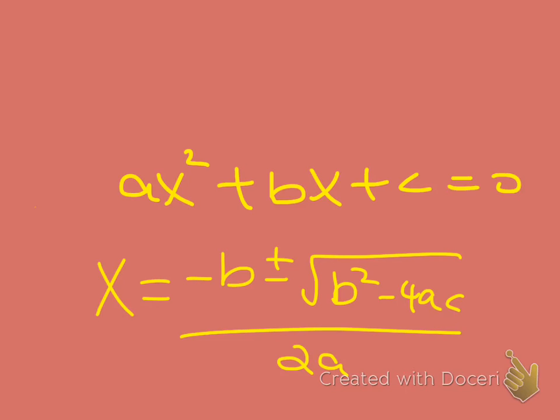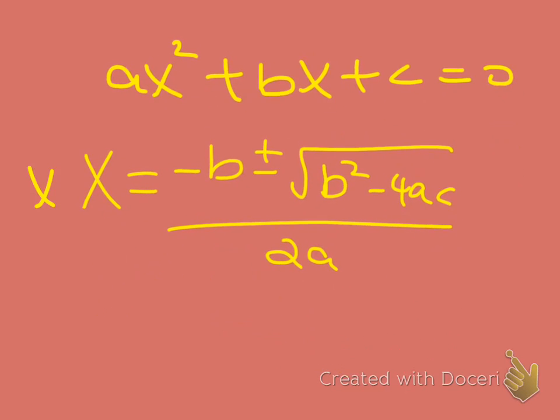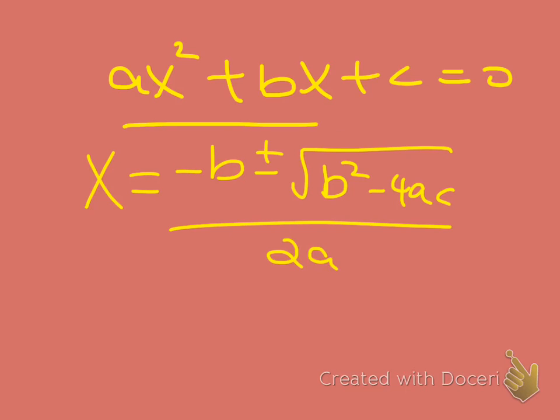Anytime we have a quadratic, we look at the number in front of the x squared, and it's an a, so we plug it into these a values right here. We look at the number in front of the x by itself, and we plug it into the b's in the formula.